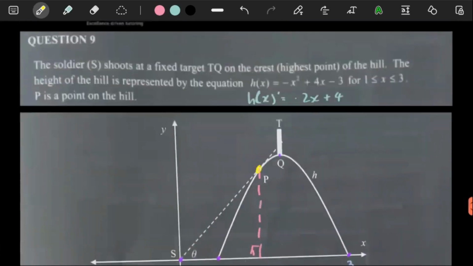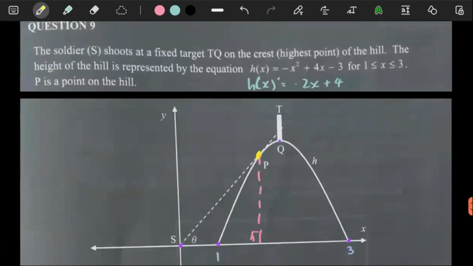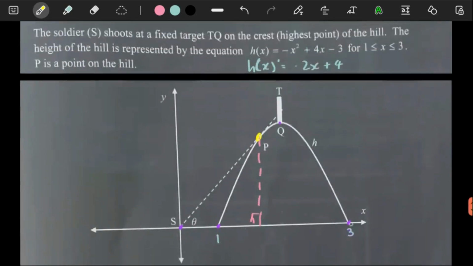So that's where things get a bit interesting, because specifically at point P, we don't know what the point is. We actually don't have any kind of information to get information about P. The only thing we do have is this x-intercept and this x-intercept.